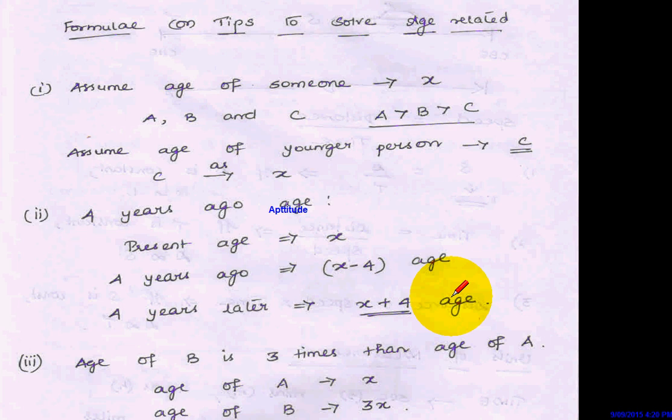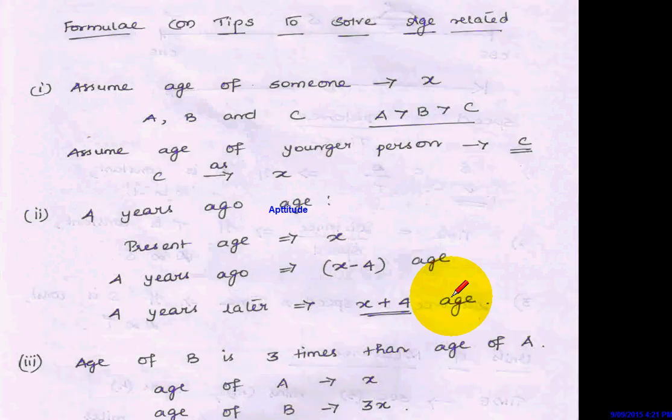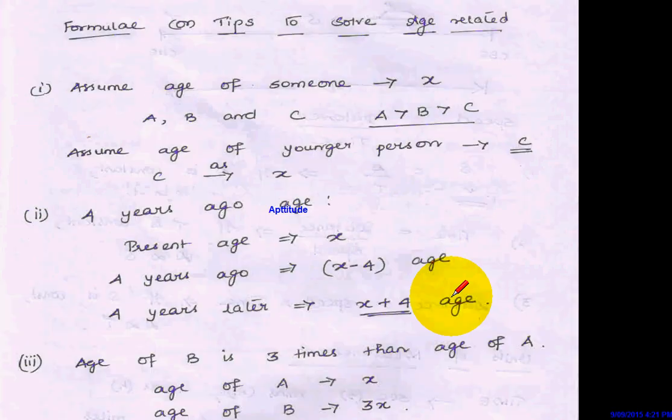There is another variation in the same case where the age of B is 3 times more than the age of A. See the difference between the previous one and this case. In the previous case it is just the age of B is 3 times the age of A. So if the age of A is X, B is 3x, it is very simple.